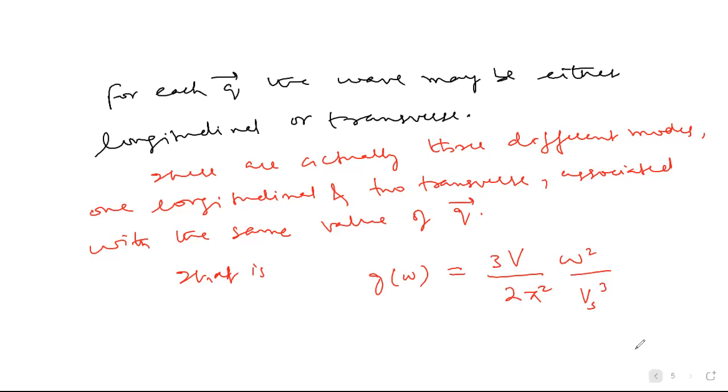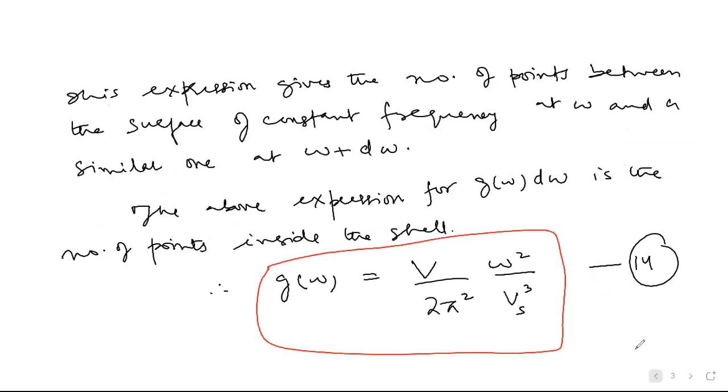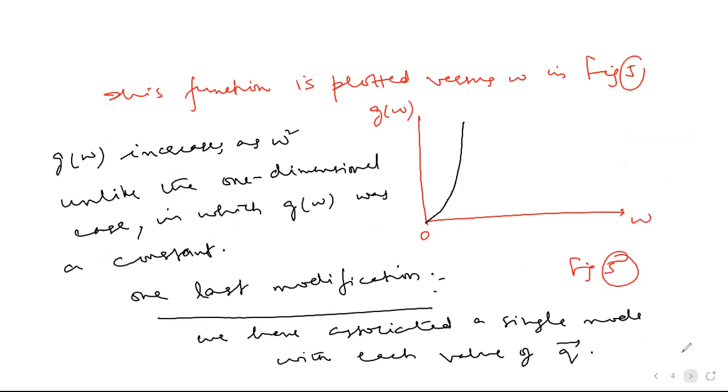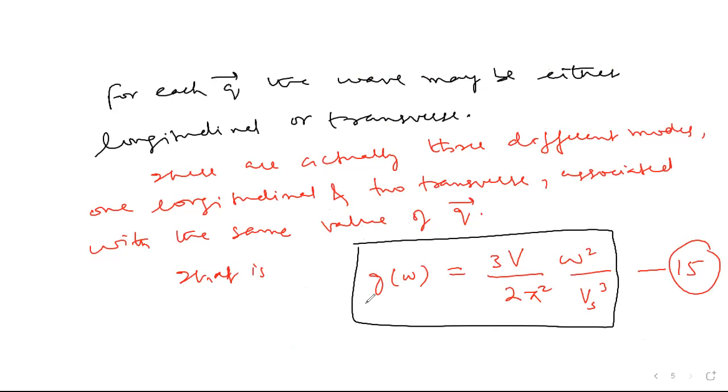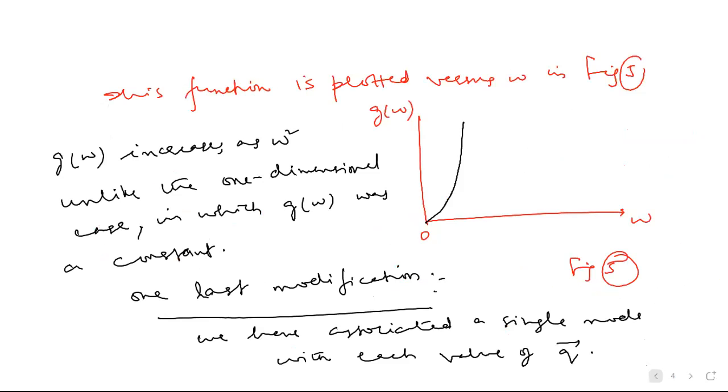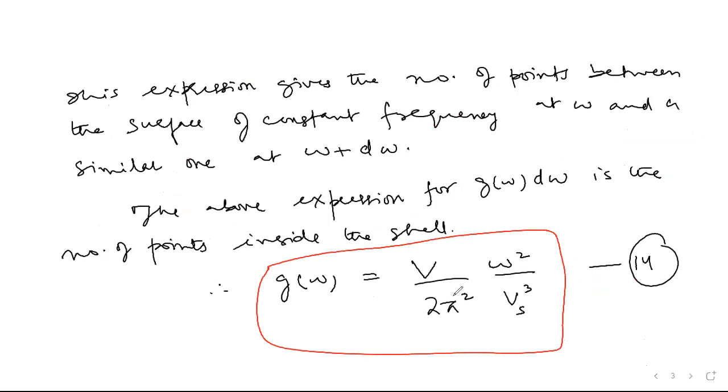This is my equation 15. Let me encircle it. G of omega is 3V by 2 pi square times omega square by Vs cube. We have simply multiplied equation 14 by a factor of 3. This equation.